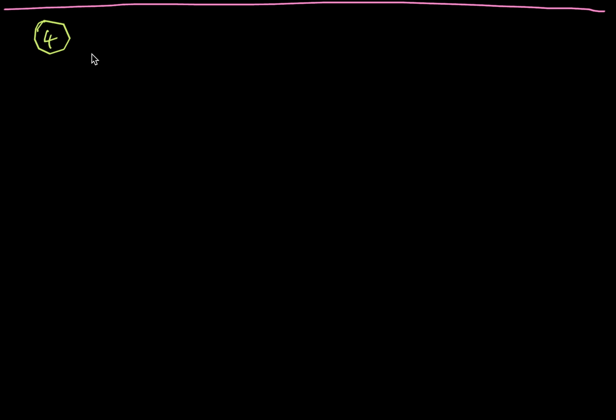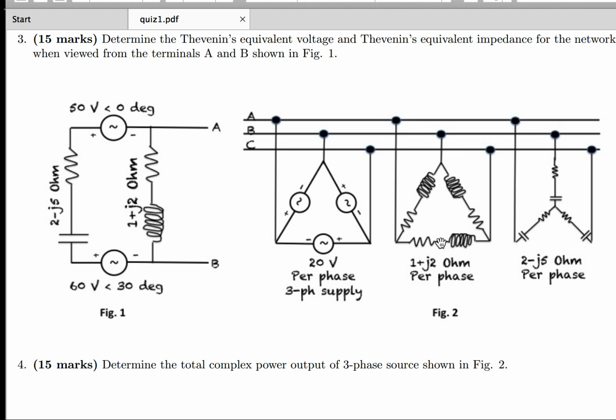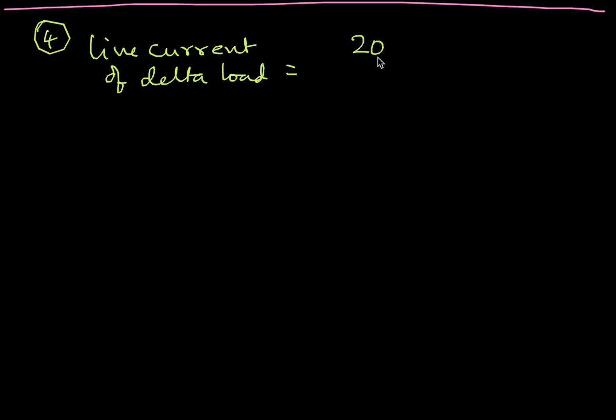So just see here, line current of delta load. What is the line current of delta load? 20 volts divided by 1 plus j2. Line current of star load.